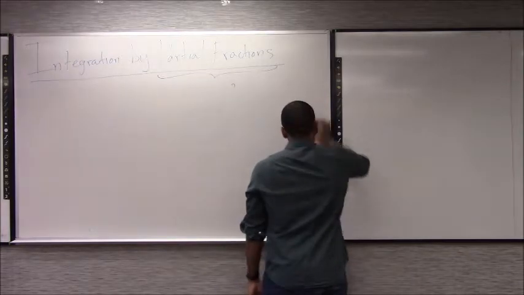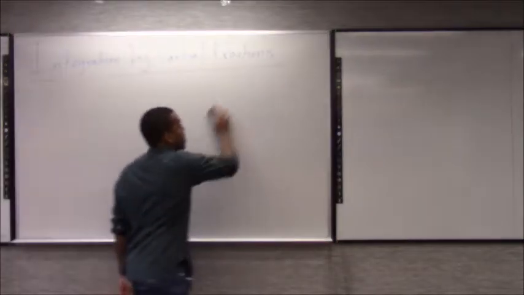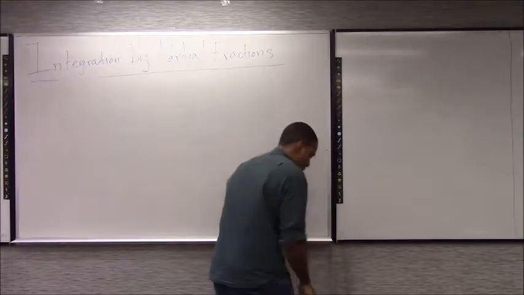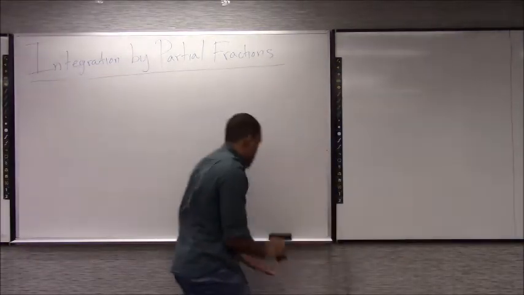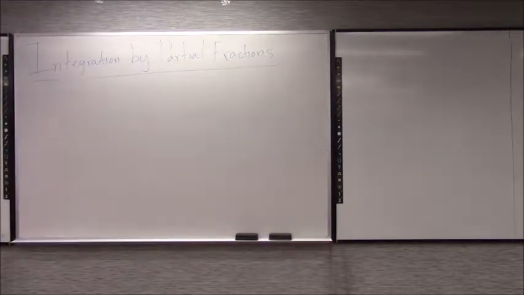So now the method has many steps, and there are many things to consider. So I'll go through each step and give you examples while doing each step, so you can see how things are breaking down.